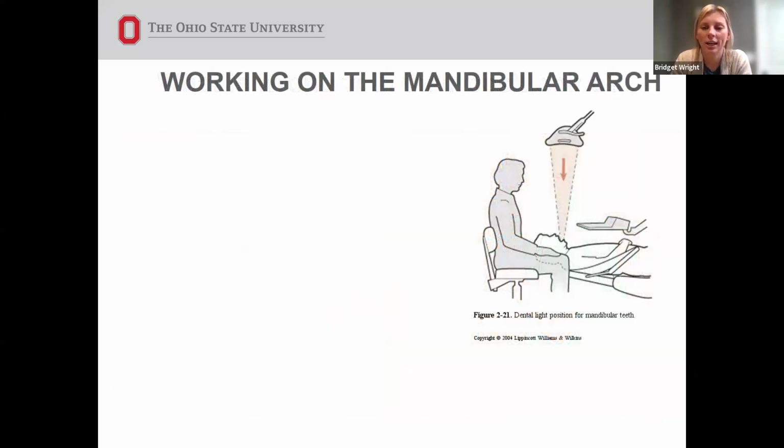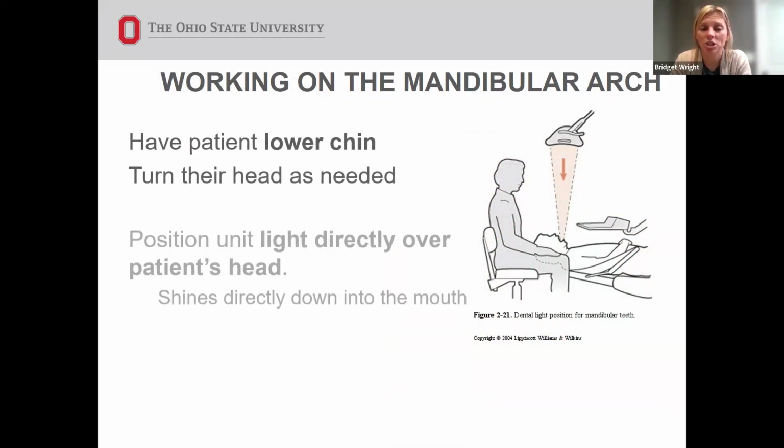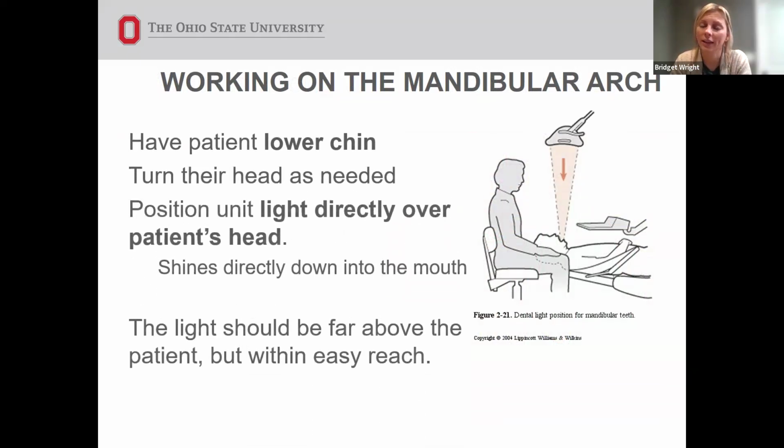Now, when you're working on the mandibular arch, you can adjust your patient to be not quite in that supine position. When we're working on the mandibular arch, sometimes we need to have our patients lower their chin to their chest. Of course, have them turn their heads as needed. And then the back of the chair, you can maybe sit up a little bit so they're inclined just a little.